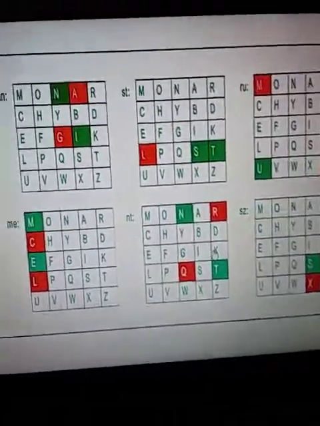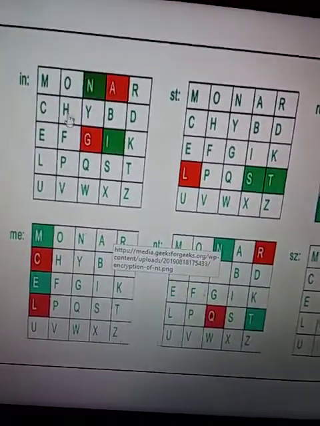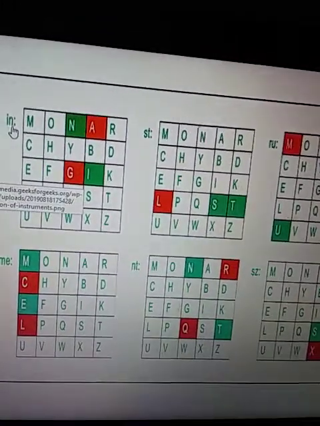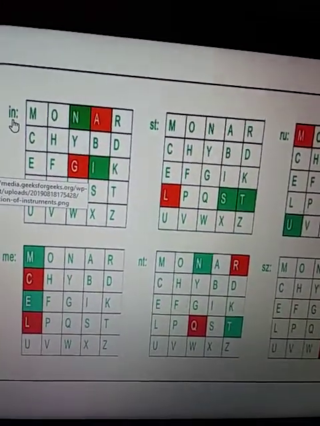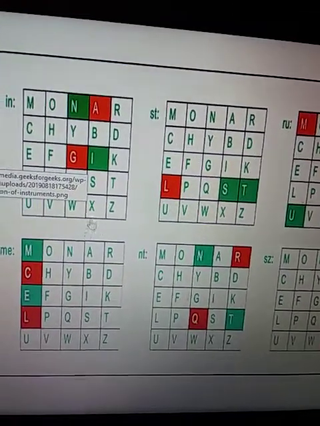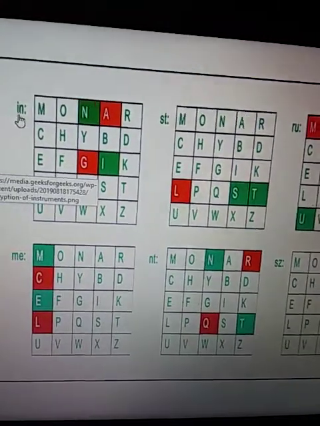And this is the method. So first, the given plain text is instrument. We have formed the pairs here for the plain text: in, st, ru, me, nt, sz. Here we are converting "in".